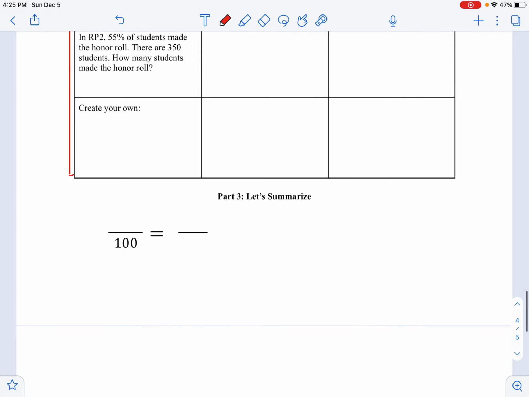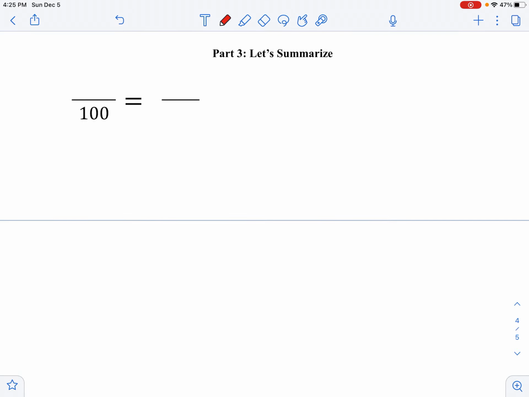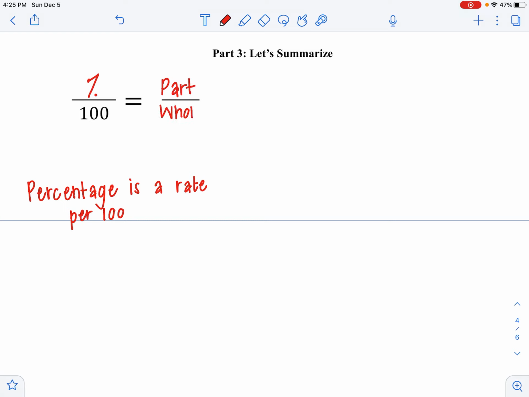Let's summarize. A percentage is just a rate per 100, and that's the key takeaway today in terms of how we'll use percent moving forward. A percentage is a rate per 100. Now, I know that whenever I have a percentage, if I divide it by 100, it is equal to my part divided by my whole.